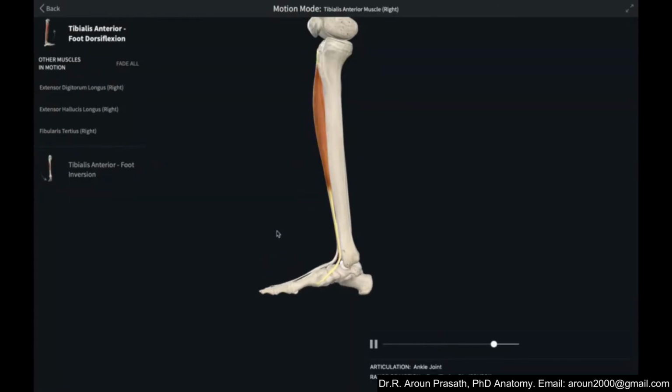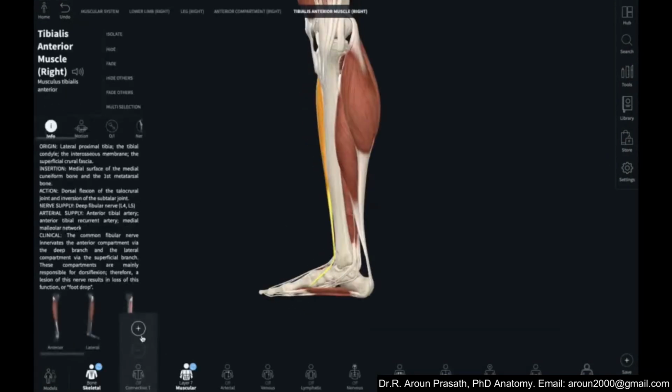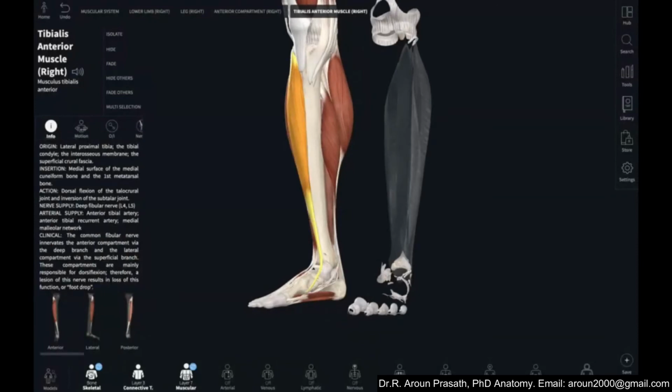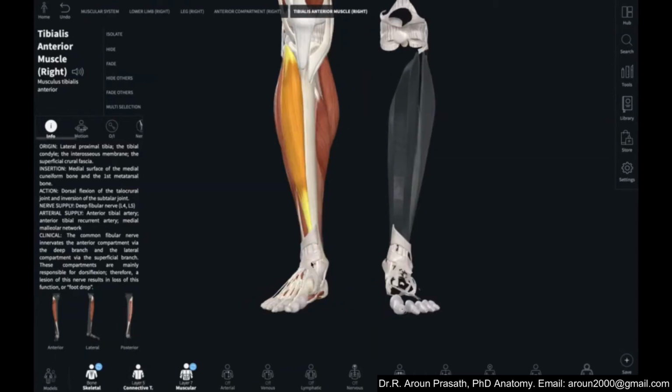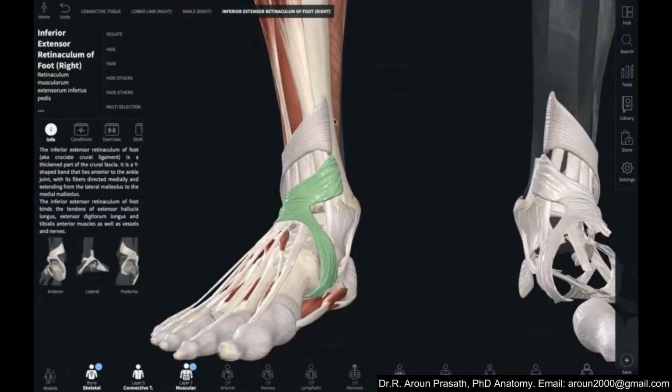So when you observe here carefully, there is the extensor retinaculum. These are bands of connective tissue. This is called the extensor retinaculum.